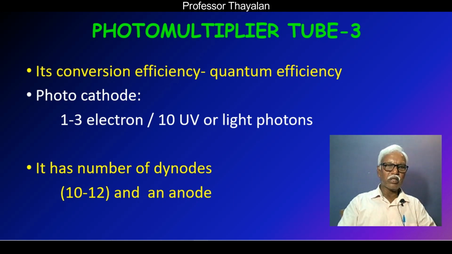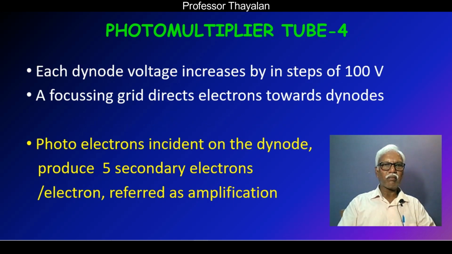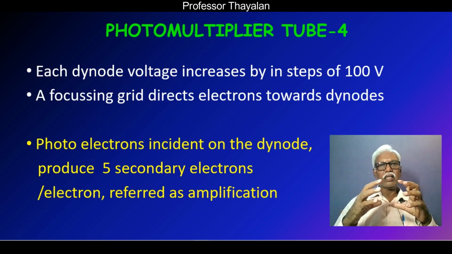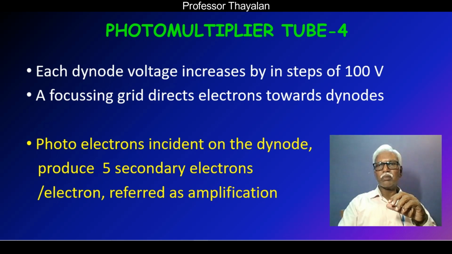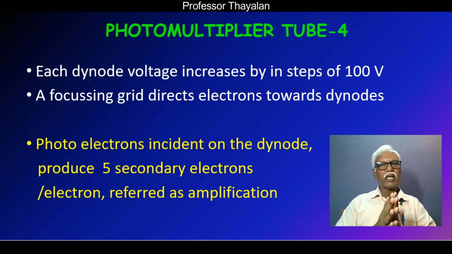The photomultiplier tube also has a number of diodes. The diode number may be 10 to 12, and it also has an anode. For each diode there is an increase of voltage in steps of 100. That means if the first diode is having 100, the next diode will have 200 and 300 and so on. There is a focusing grid that directs the electron towards the diode.